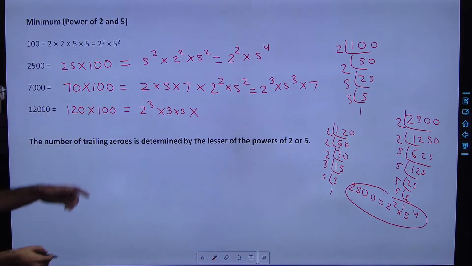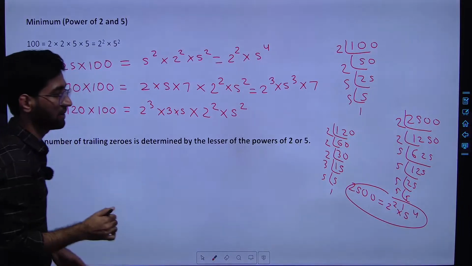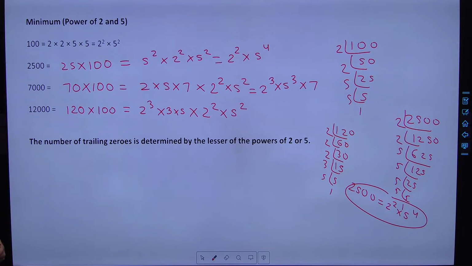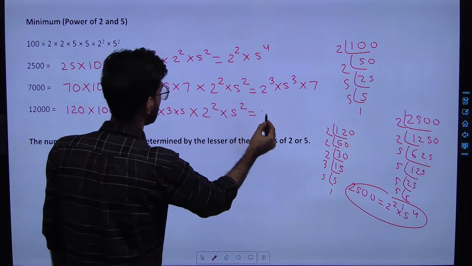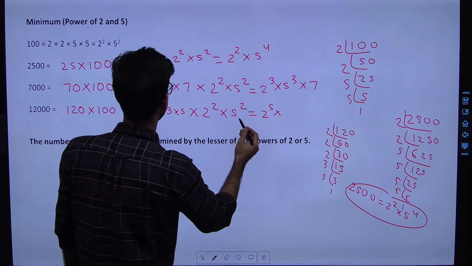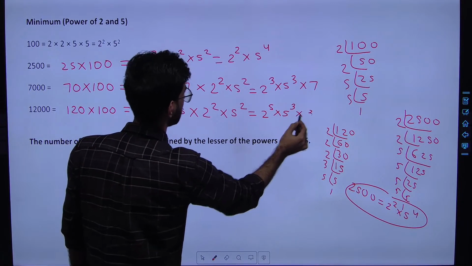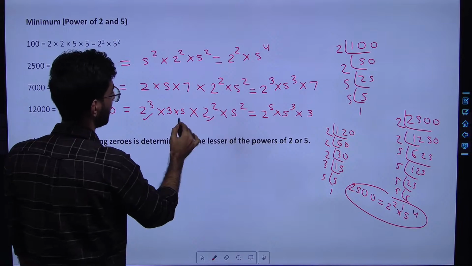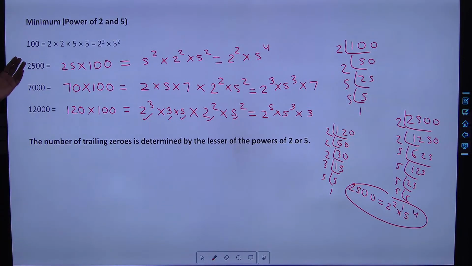And 100, we can write as 2 to the power 2 into 5 to the power 2, right? So we can write it as 2 to the power 5 into 5 to the power 3, and obviously into 3. See, 2 to the power 5, 5 to the power 3, and into 3. We have prime factorized 100, 2500, 7000 and 12,000. Right? Now read this line.